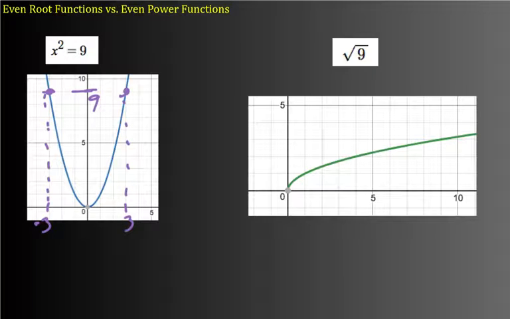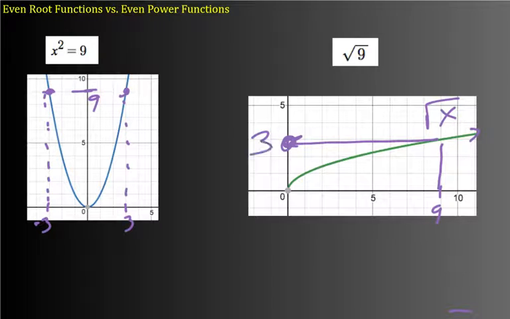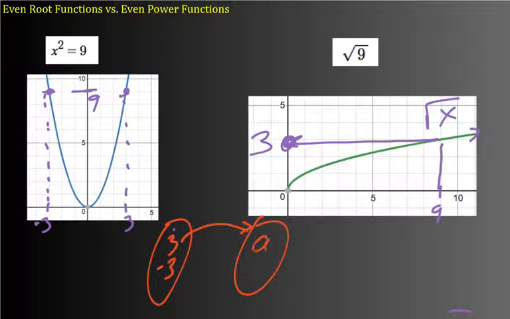But if you go into literally Desmos or something, you type in square root of x, okay? You're only going to see this curve that just goes on and on forever. And then if you plug in 9, you just go back to right here, which is 3. So it's a weird inverse because it's doing something like this. It's like saying you had 3 and negative 3, and f takes both of those to 9, right?